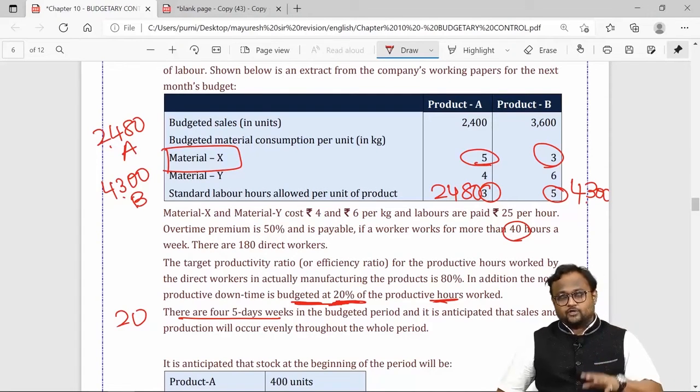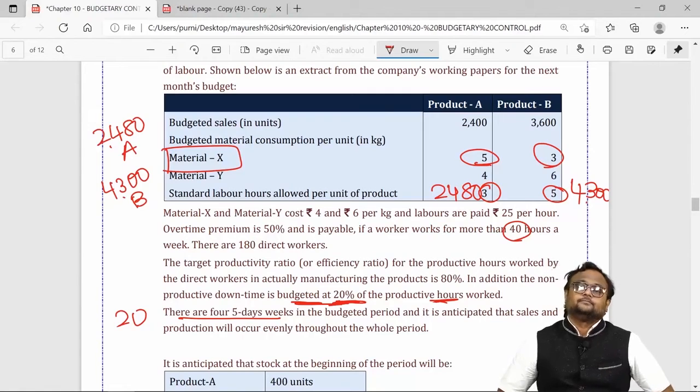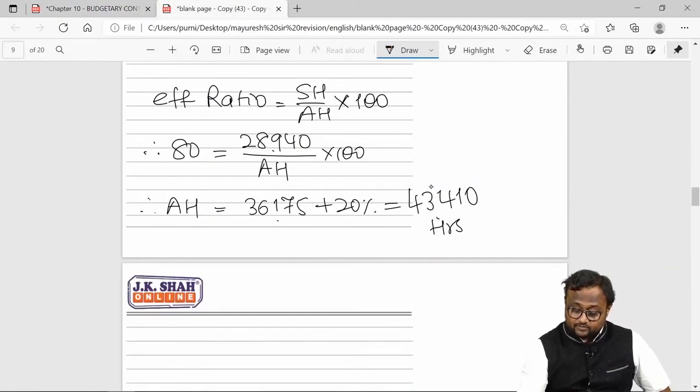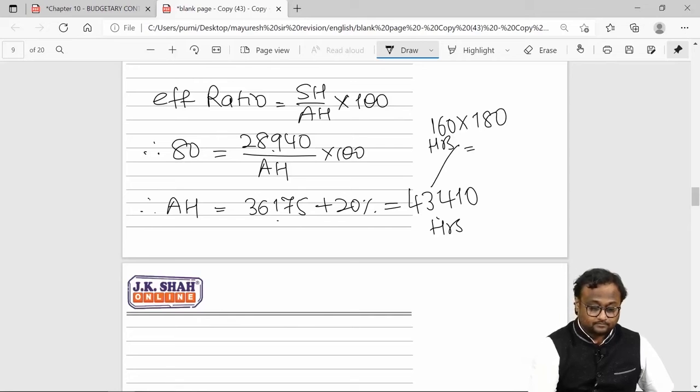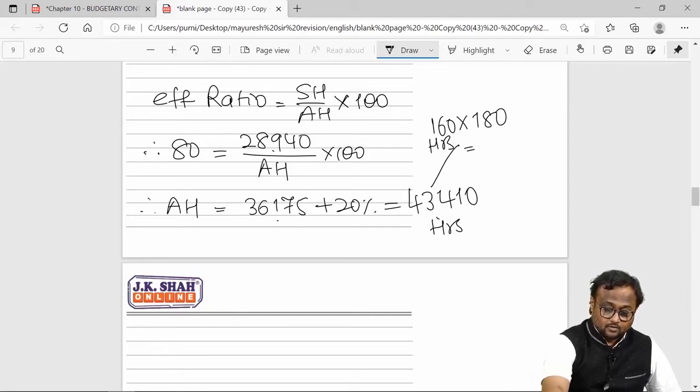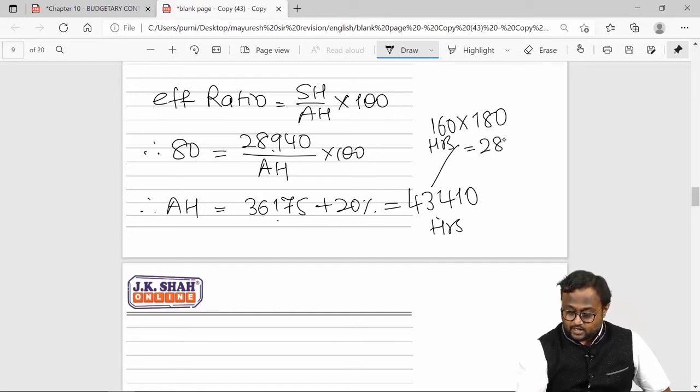Each week 40 hours, 4 weeks, 160 hours. Each worker can work for 160 hours, but guys, we have 180 such workers with me. 160 into 180, 28,800 hours will be paid at a normal rate.